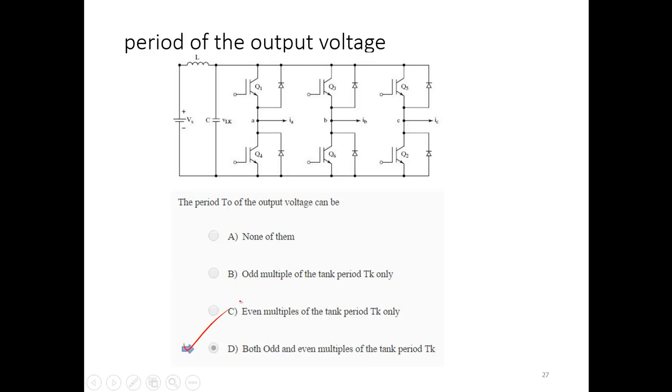If you go to this diagram, this tank one, and look at the equation 7.66, the output voltage of that tank inverter, this is 7.35. If you go to 7.35, equation 7.68, it could be even and odd numbers of the period. Both even and odd multiples of the period output will be there. There's no limit to that.